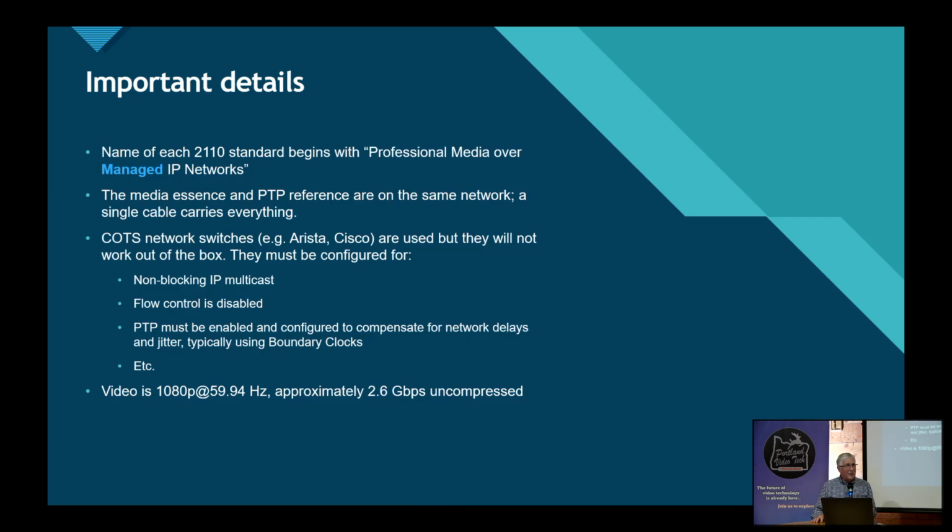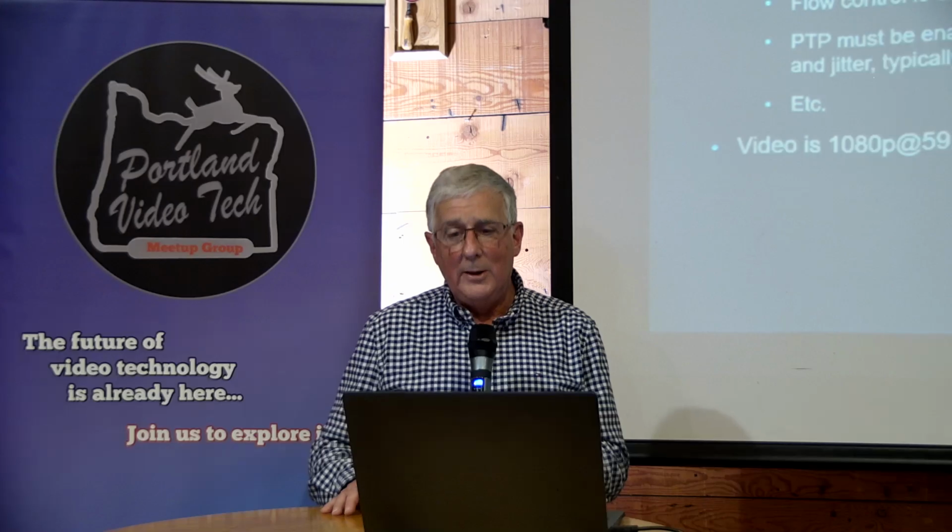One is non-blocking IP multicast, flow control is disabled, and PTP must be enabled, and usually it'll be configured to compensate for network delays and jitter using PTP boundary clocks. In this system, just to calibrate, the video is 1080p at 59.94 hertz, which has a video bit rate of about 2.6 gigabits uncompressed.